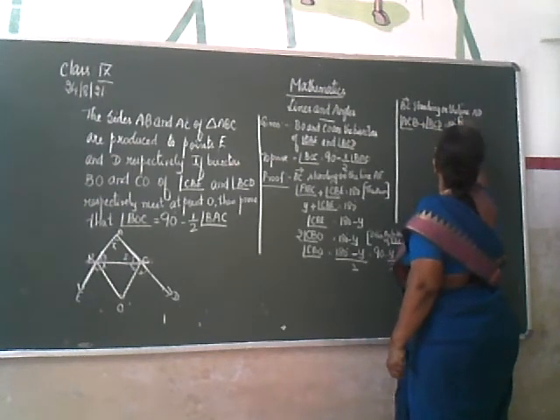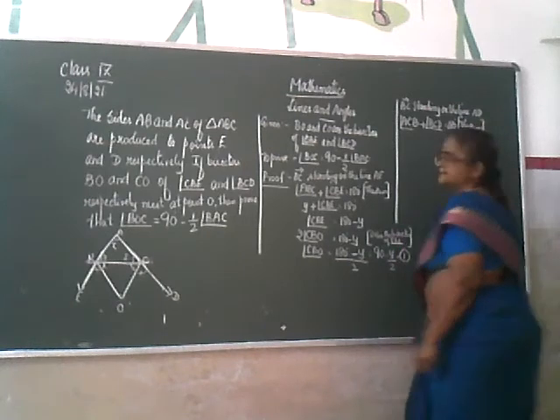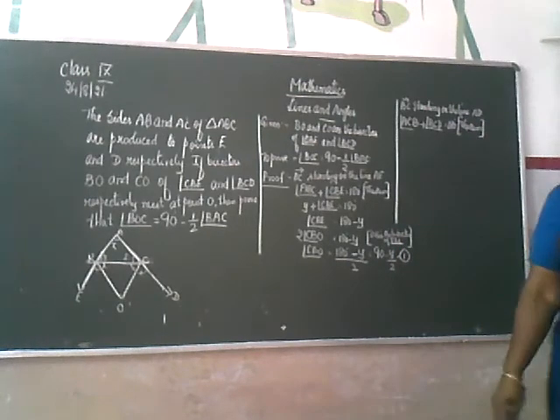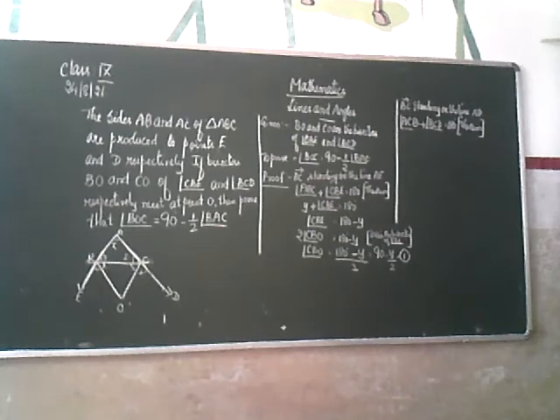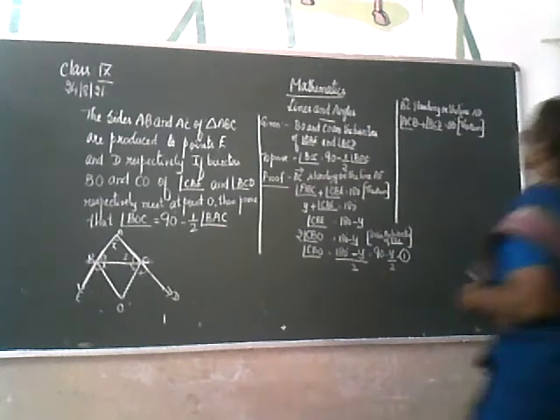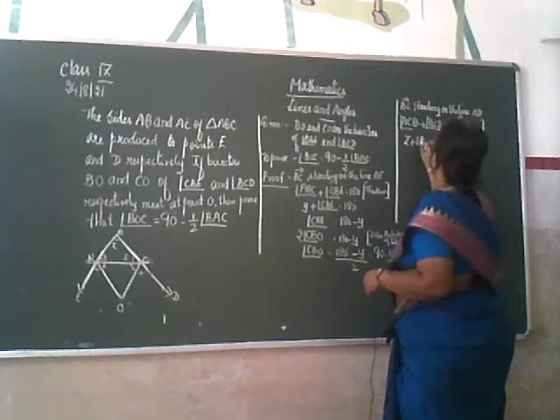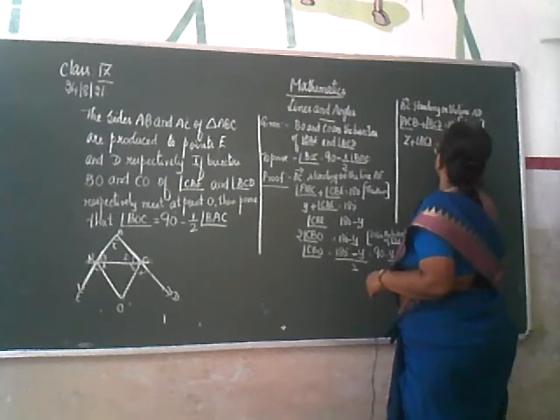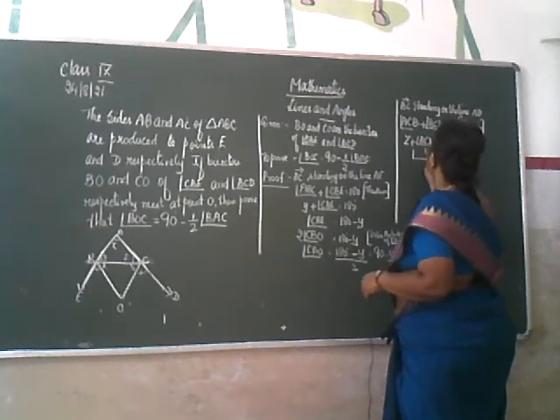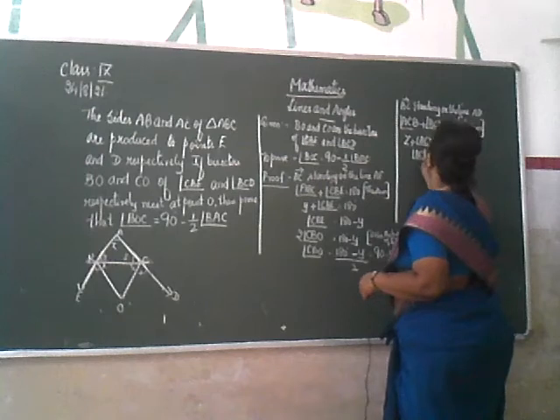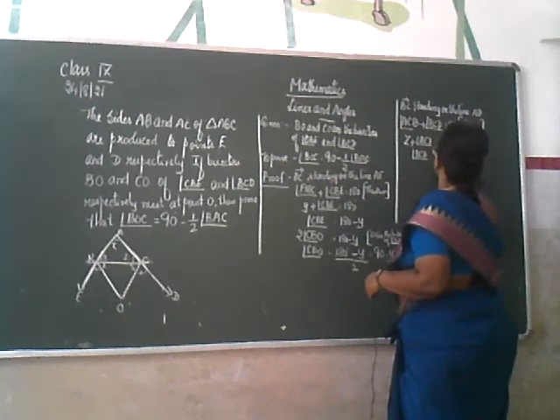If a ray stands on a straight line, the sum of the adjacent angles is equal to 180 degrees. So what is ACB? ACB is Z. Z plus BCD is 180 degrees. So BCD is 180 minus Z.